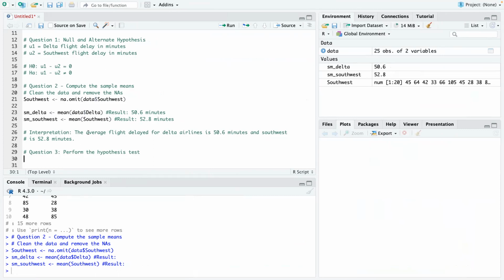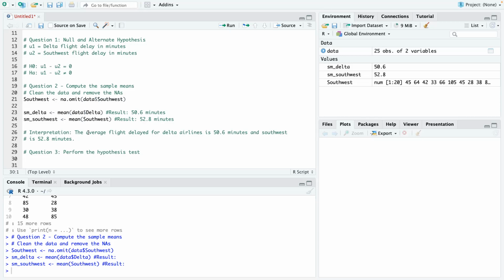Because we're dealing with the population standard deviation being unknown, we use the sample standard deviation to replace the population standard deviation.